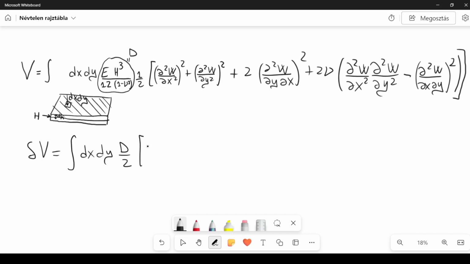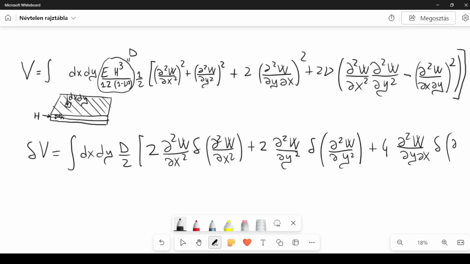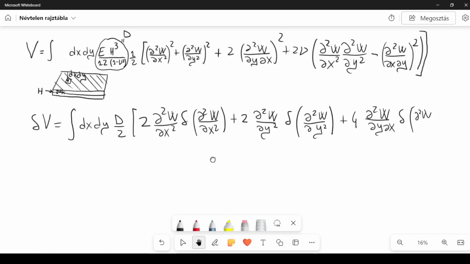Then when we take the variation, we have twice d squared w dx squared times the change in d squared w dx squared, plus 2 d squared w dy squared times the variation of d squared w dy squared, plus 4 d squared w dy dx times the change in d squared w dy dx. Let me zoom out.